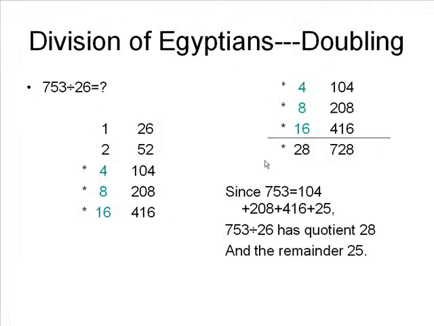And similarly, they can use the doubling process to find the quotient and remainder. This example is on page 53.